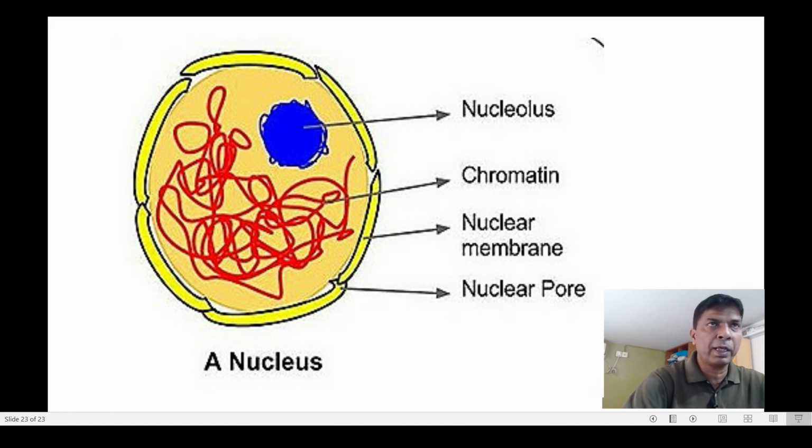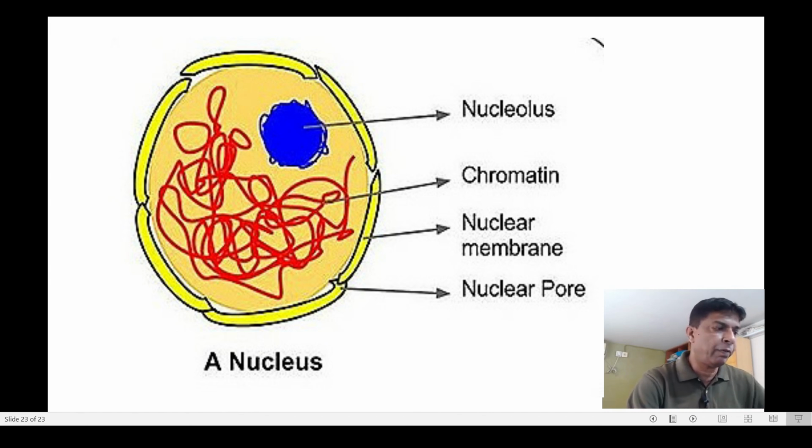This is known as the brain of the cell, and it also regulates and controls protein synthesis and helps in ribosome formation. The nucleolus helps in ribosome formation, as well as the ribosomal RNA is also synthesized from the nucleolus. So these are the functions of the nucleus.